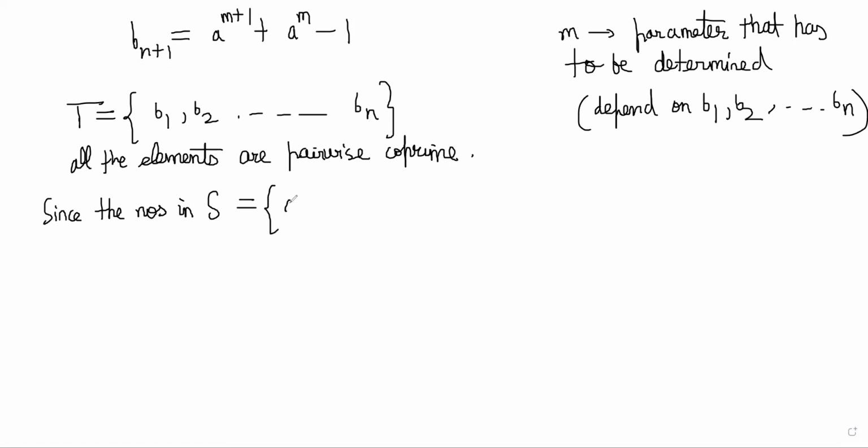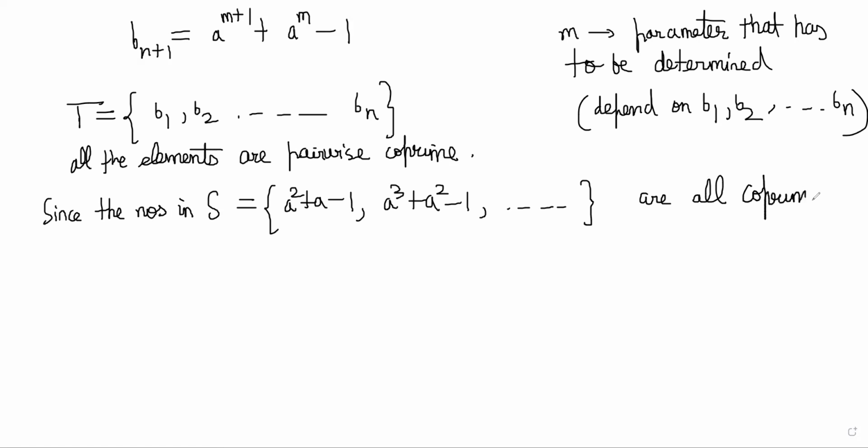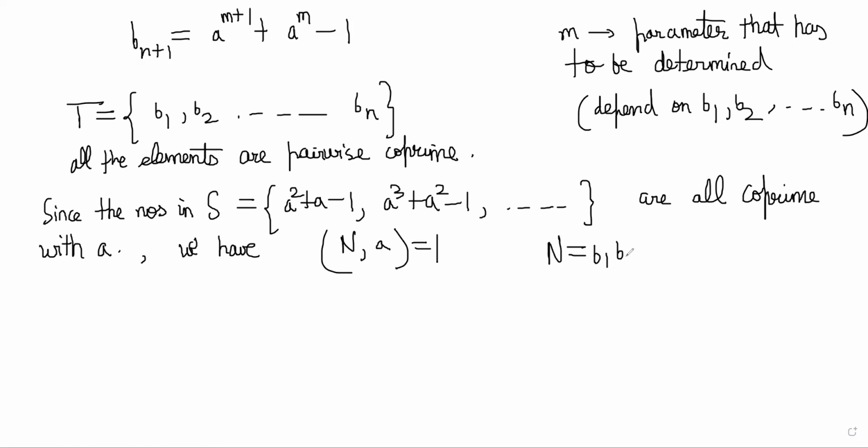It was a^2 + a - 1, a^3 + a^2 - 1, and so on, are all co-prime with A. Right? We have GCD of N and A equal to 1, where capital N is basically B1, B2 till Bn.